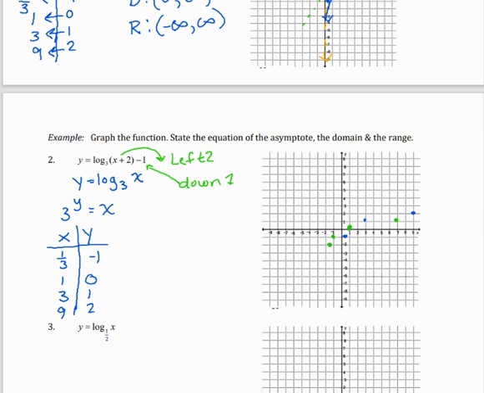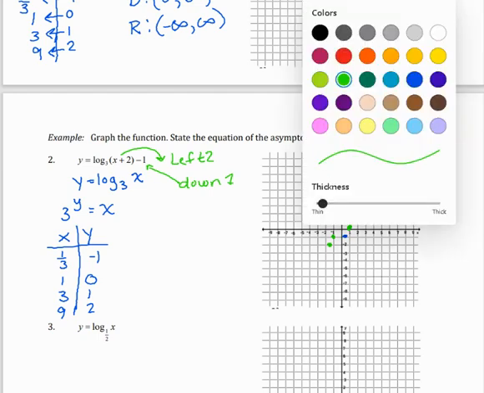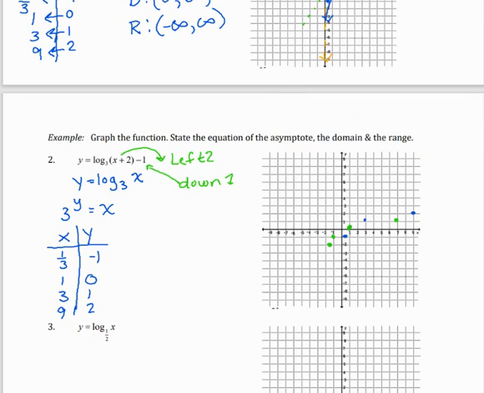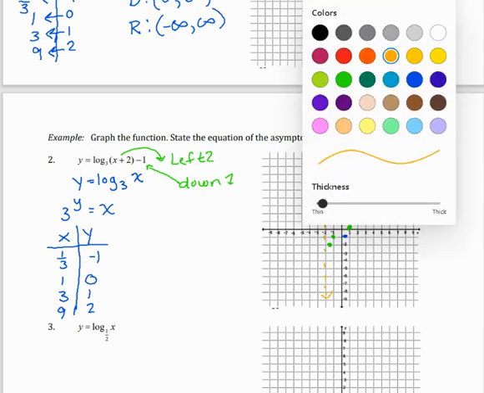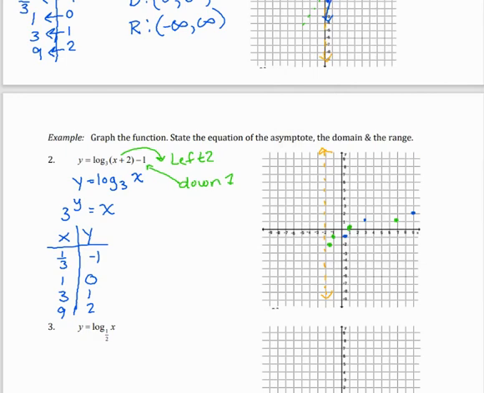Now remember that the vertical asymptote was at 0, but now I'm moving to the left 2. So now my vertical asymptote will be at -2. We can see none of my green dots went beyond that. So now we can connect those green dots with our curve.